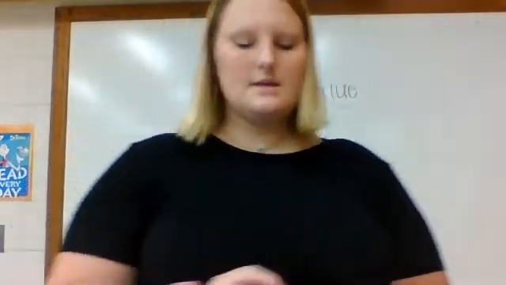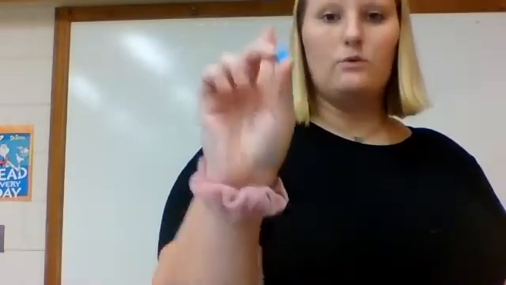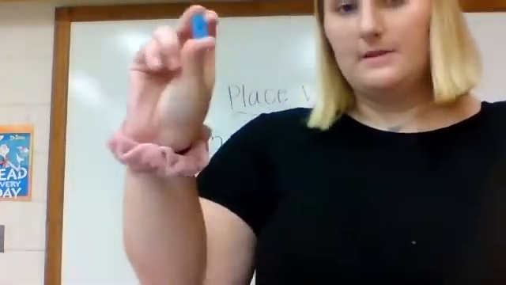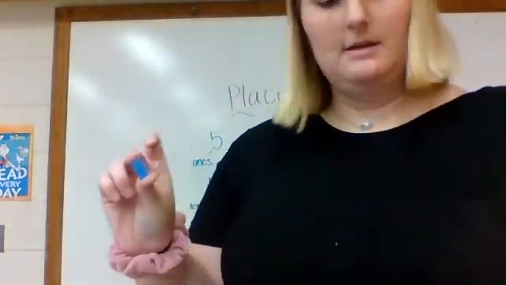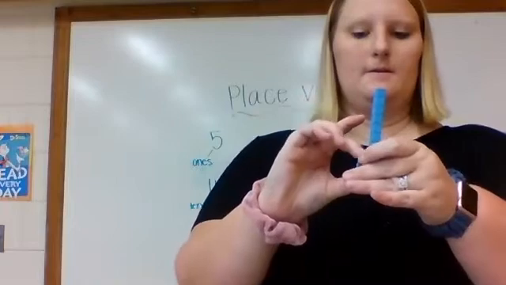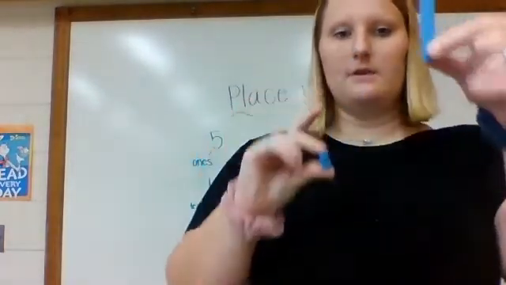So these little bitty blocks equal 1, just 1, okay? Then if you put 10 of these little bitty blocks together, it's going to equal 10. So you stack these up and you get one of these.